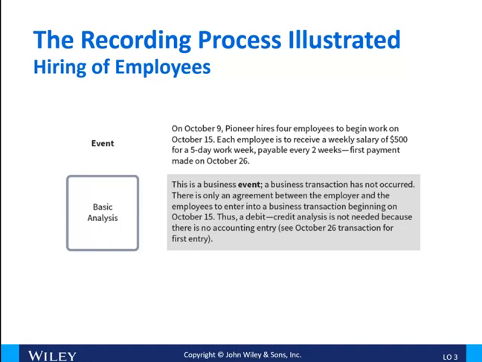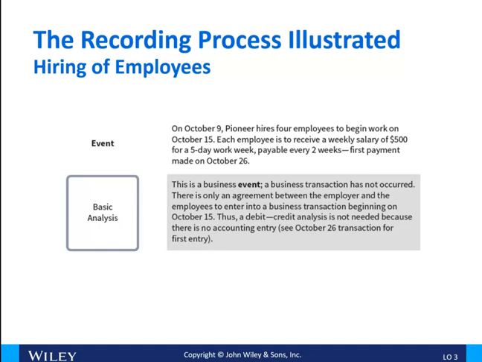Hiring of employees. Pioneer hires 4 employees to begin work on October 15th. Each employee is to receive a weekly salary of $500 for a 5-day work week, payable every 2 weeks. First payment is going to be made on October 26th. So on October 9th and even October 15th when they start working, it's a business event, but an economic business transaction has not occurred.